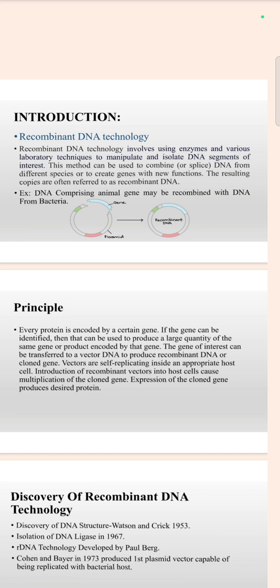Today we are going to learn about recombinant DNA technology, or rDNA technology. Recombinant DNA technology is otherwise called gene cloning. It is a novel technique for controlled recombinations. It involves using enzymes and various laboratory techniques to manipulate and isolate DNA segments of interest.